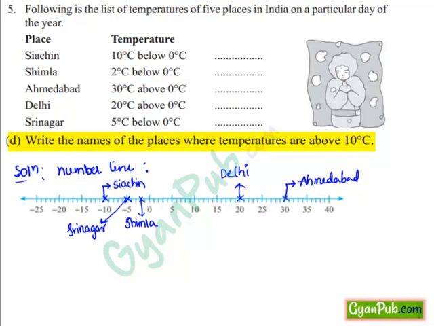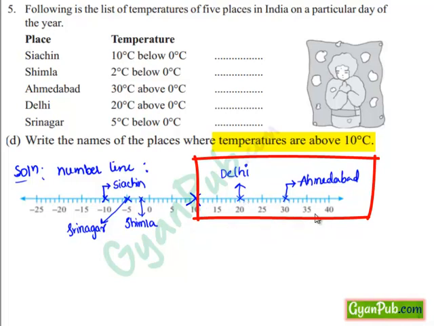On this number line, all places with their temperature are marked. To find the names of places where temperatures are above 10 degrees centigrade temperature, first we will mark plus 10 on this number line, and right side of plus 10 are Delhi and Ahmedabad.